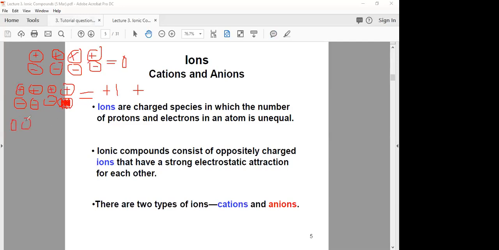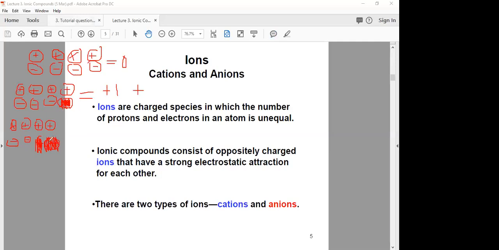Let's try again. Another example. So we've got our 4 positives, our 4 negatives, 4 electrons. Now we're going to lose 2 electrons.